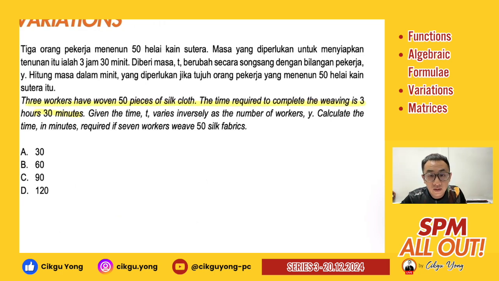Basically, don't care about that first because you are looking for the variation part. So this is the part that we need to be concerned with first because you need to form your general equation. So given the time t varies inversely as the number of workers y.